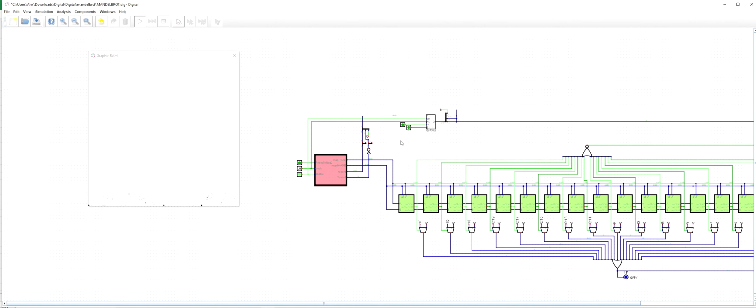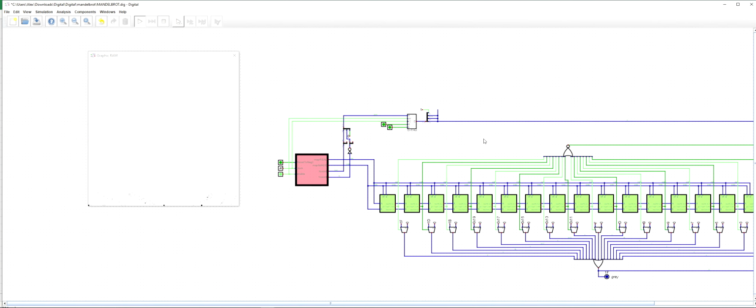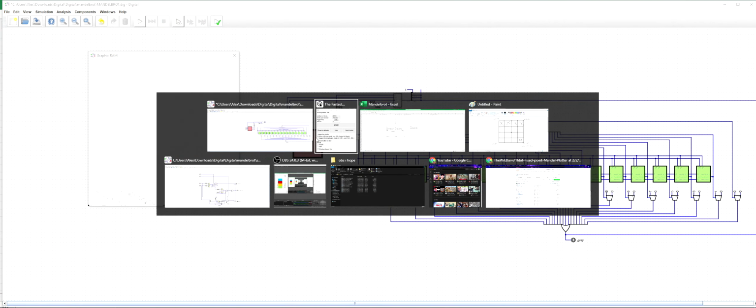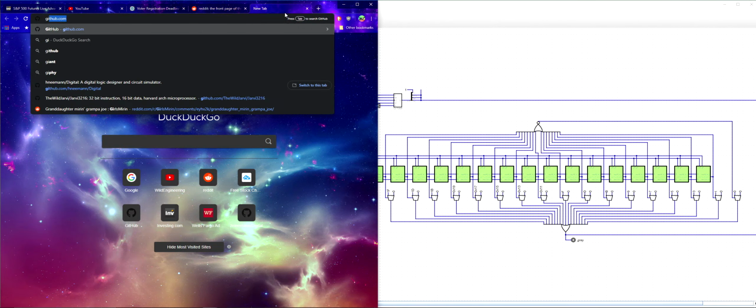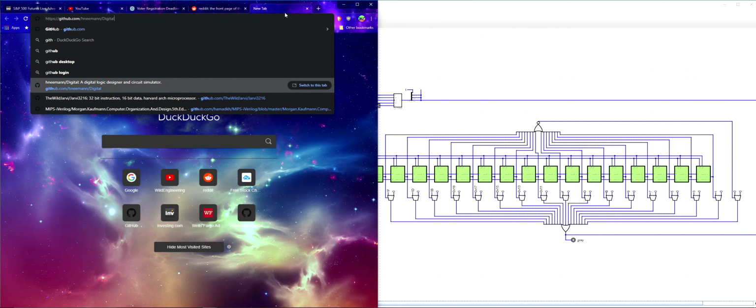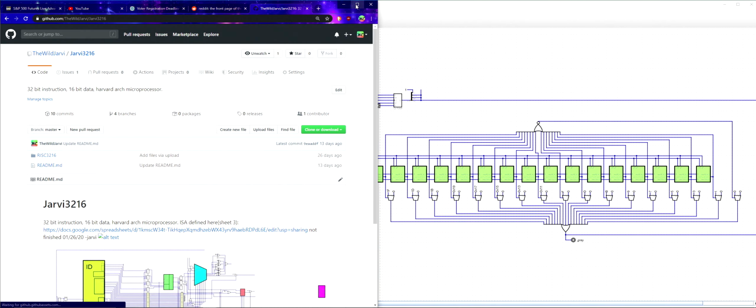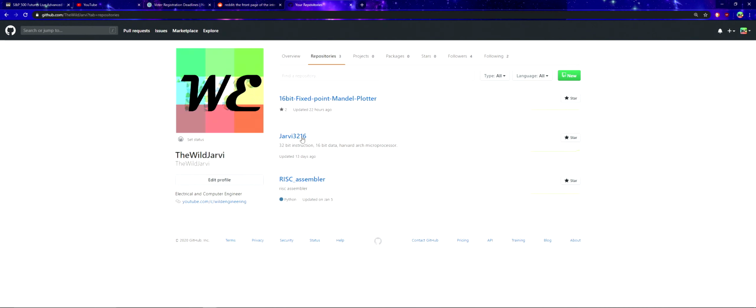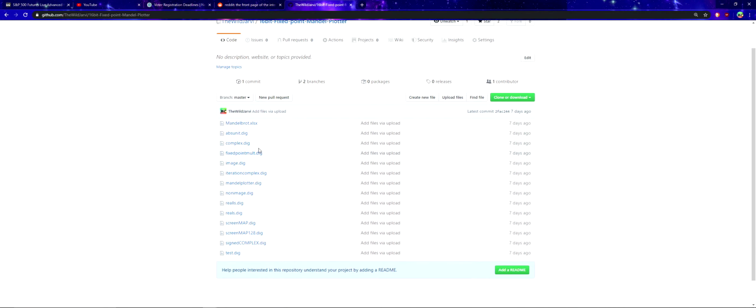So, like I said, coming up next is the zoom and pan abilities. And if you want, now that you know how it works, you can go to my GitHub, my repositories. I have a 16-bit fixed point mandelplotter.